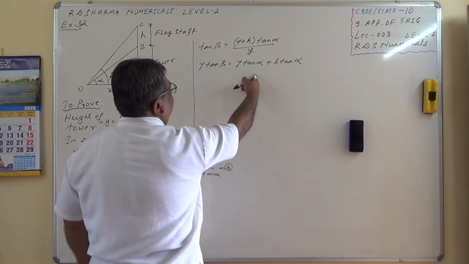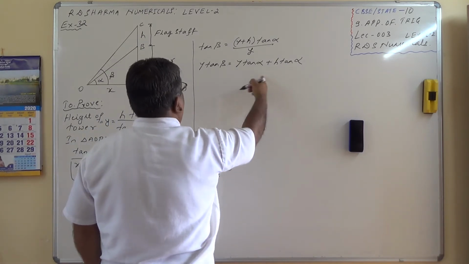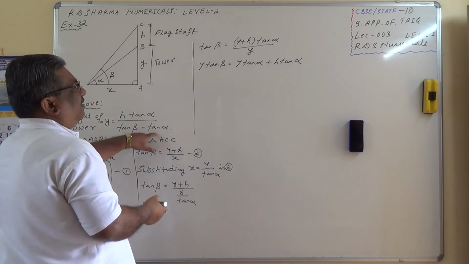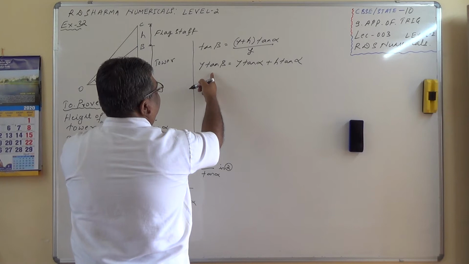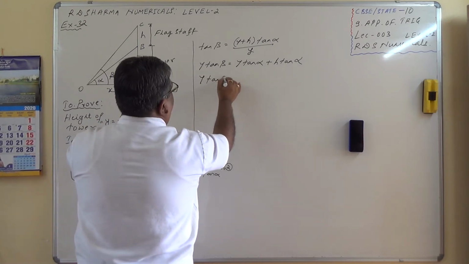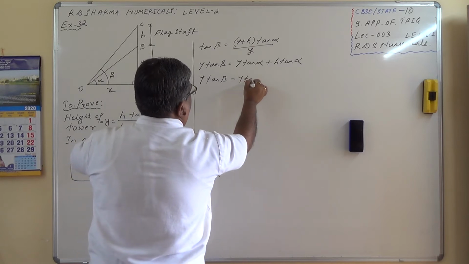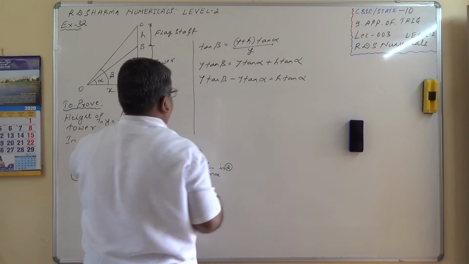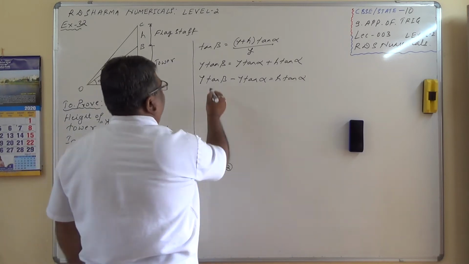Now transpose this side. Y is to be taken common, with tan beta minus tan alpha, so I'll retain this here and bring this side: y tan beta minus y tan alpha equals h tan alpha. So what is common?